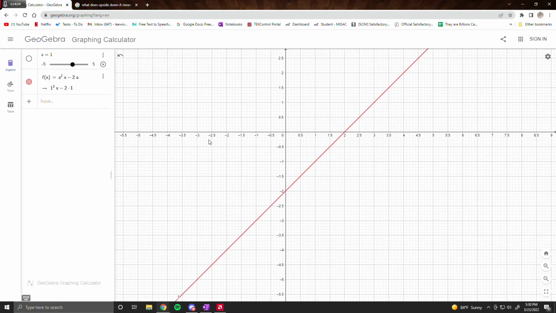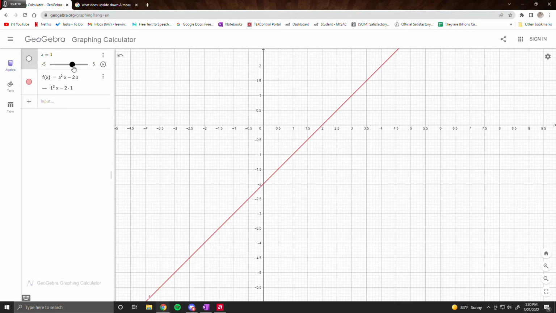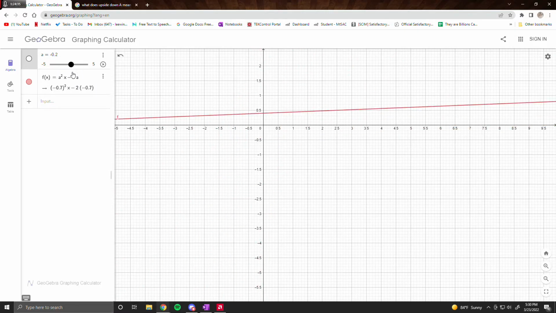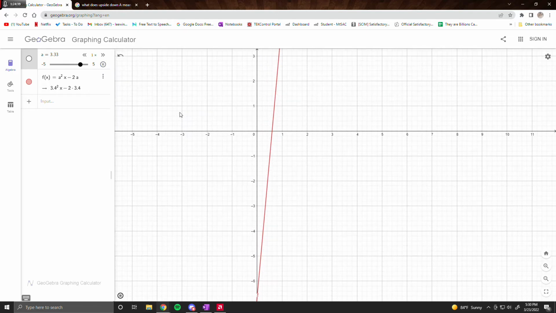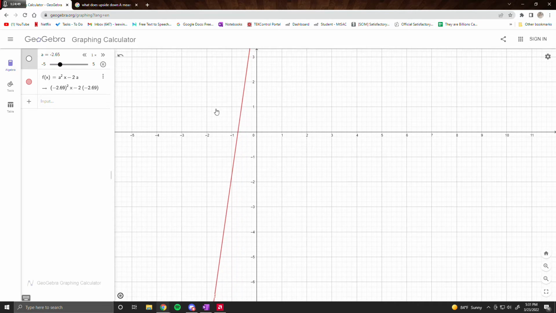Just like I said, a squared x minus 2a is going to be a line, no matter what value of a. If I vary what a is, it'll move around, but it's always just going to be a line.